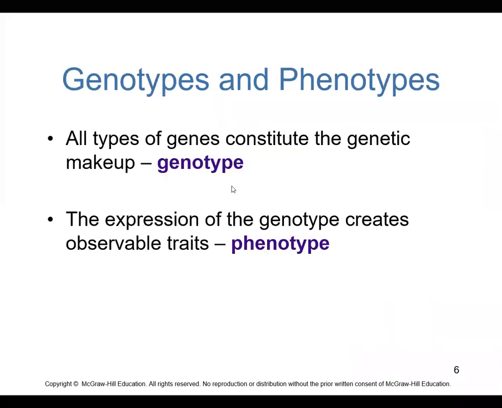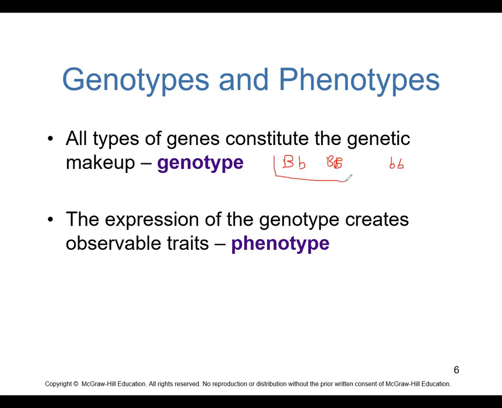So the genotype is whatever genes you have. The stereotypical example is the big B and the little b for a brown-eyed person, and they could also be the big B and big B. Both of those would be brown eyes, and to get the blue eyes, you would have the two little b's.